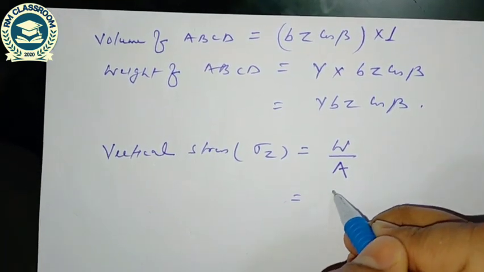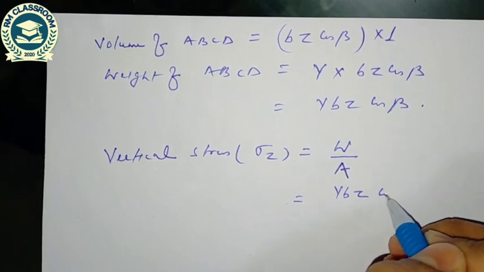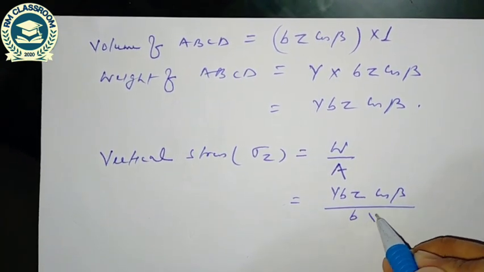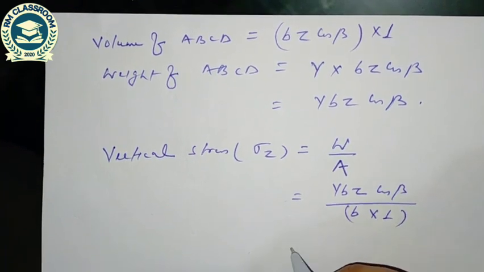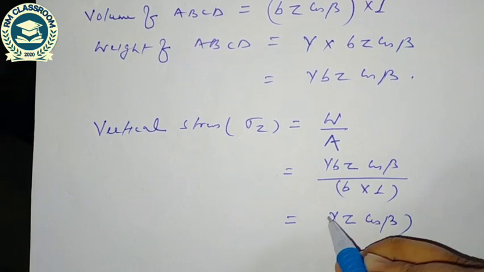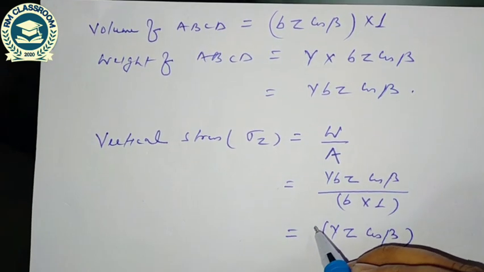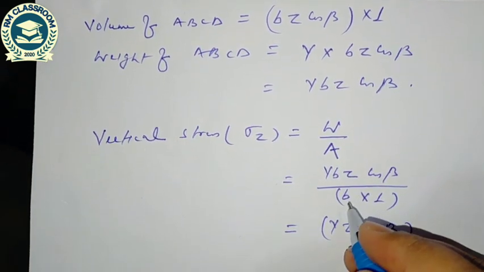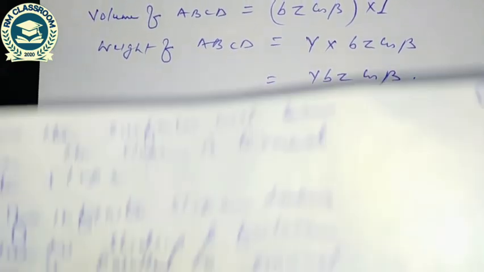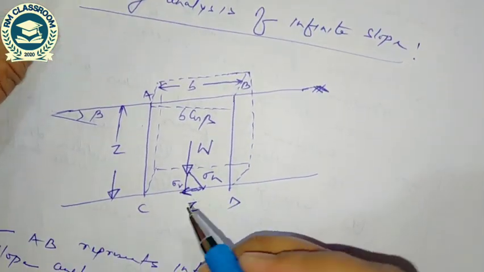So weight we have computed gamma B Z cos beta, and area we have computed how much? B into 1. So it is coming gamma Z cos beta. Vertical stress. Similarly, vertical stress, this one is sigma V.